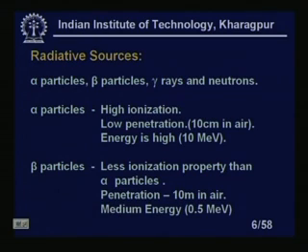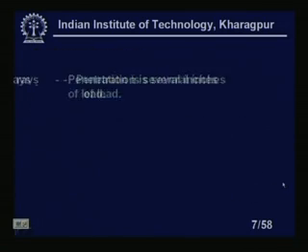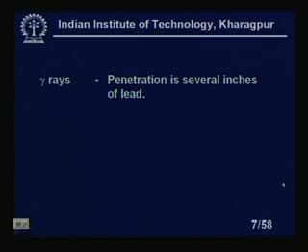Beta particles have less ionization than alpha particles, and their penetration is much higher, 10 meters in air, with medium energy, 0.5. You can see that its energy is less. Then gamma rays: the penetration is several inches of lead, because lead is very difficult to penetrate.